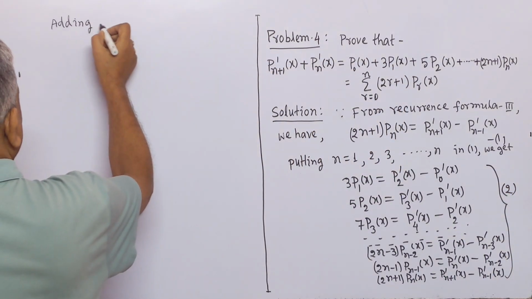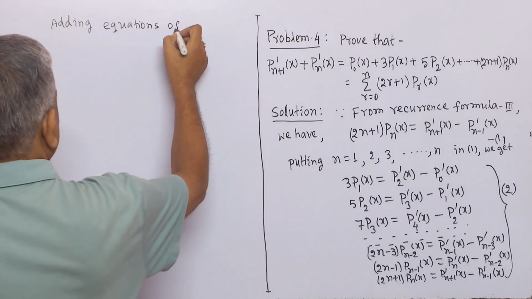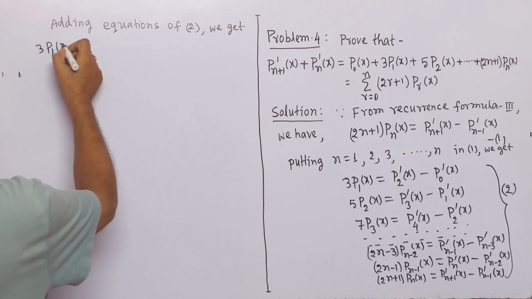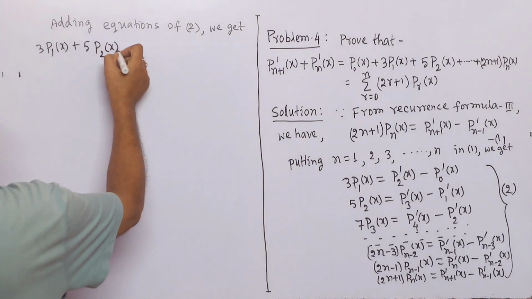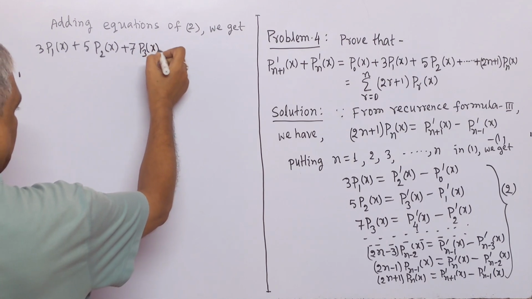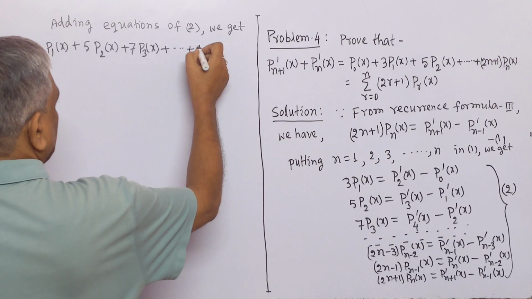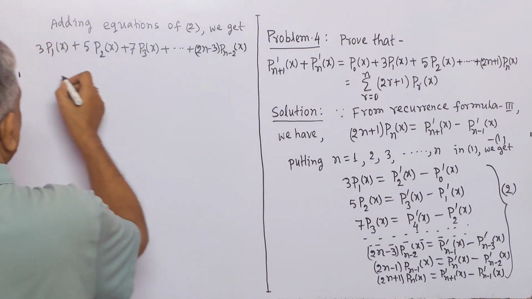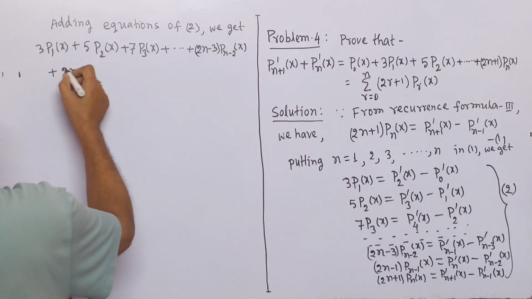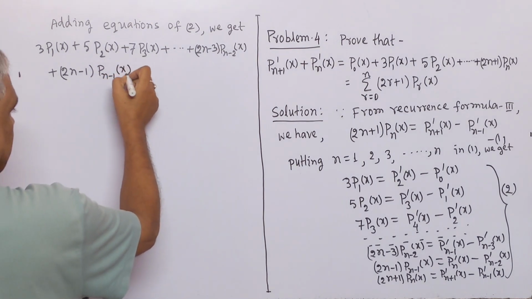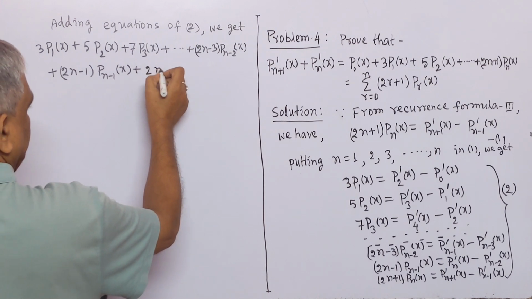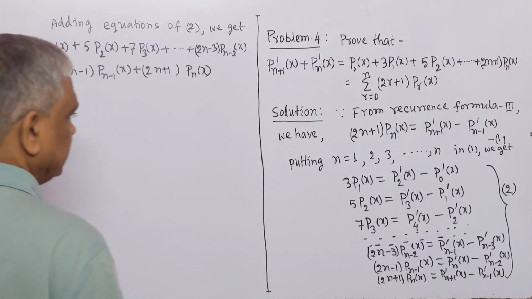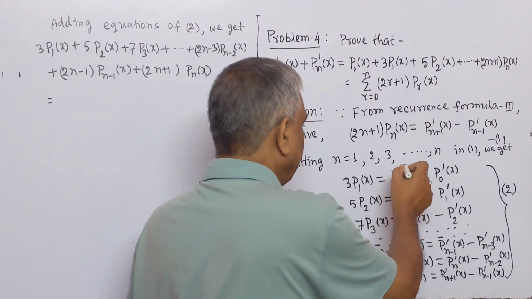Adding the equations of 2, we get 3P_1(x) + 5P_2(x) + 7P_3(x) + ... + (2n-3) P_{n-2}(x) + (2n-1) P_{n-1}(x) + (2n+1) P_n(x) equals, here we see that P_2'(x) and P_2'(x) cancel.